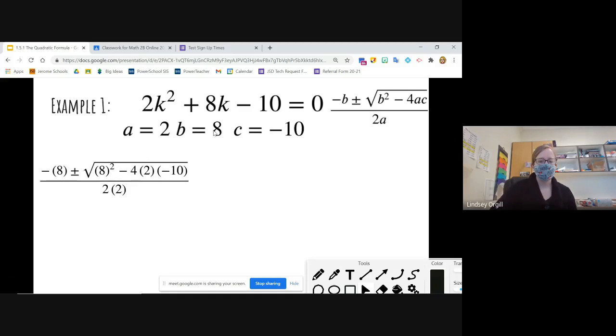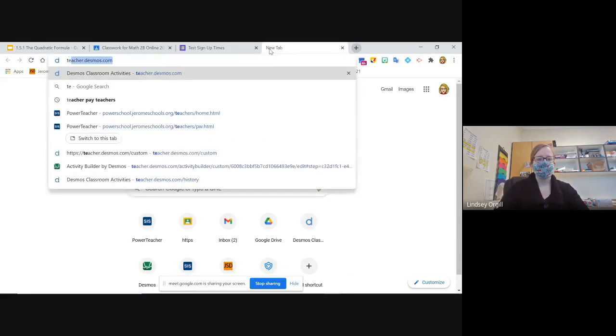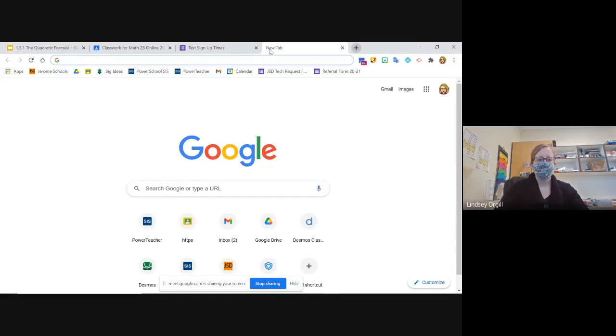So for b, I plugged in 8, and then for b squared, I plugged 8 squared in, and then 2, and my c is negative 10. And then down on the bottom, plugged in 2. Okay, my first step is I'm going to take what's inside the square root here, b squared minus 4 times 2 times negative 10, and I'm going to plug it into a calculator.